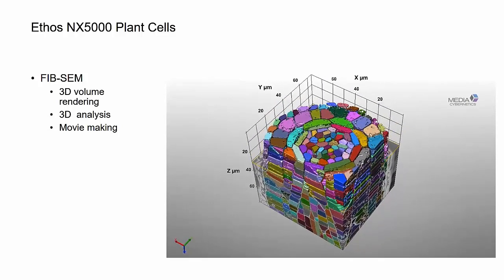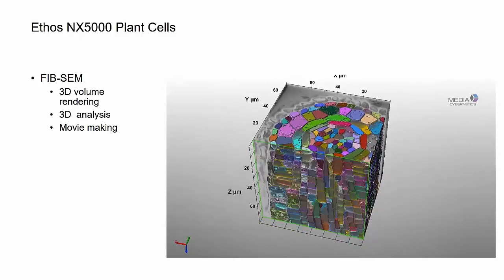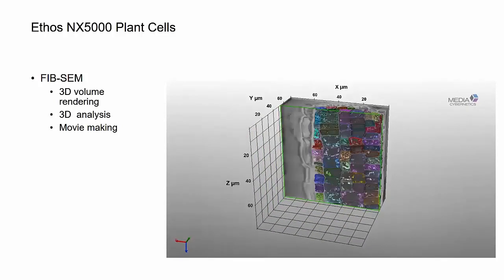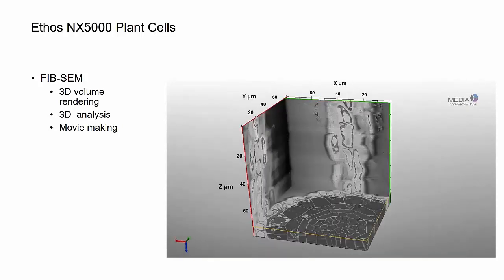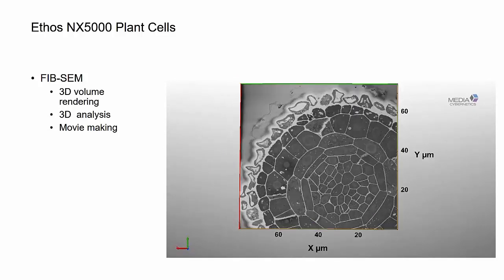And then being able to segment and identify, in this case, the cells in the plant root tip, and then doing that analysis. It really gives you the power to look deep inside your sample by using FIB-SEM and seeing those structures. There are a number of examples. We're looking at a NAND memory block, being able to look deep inside that device and seeing how things are spatially aligned, or if you're looking for defects, quality assurance.